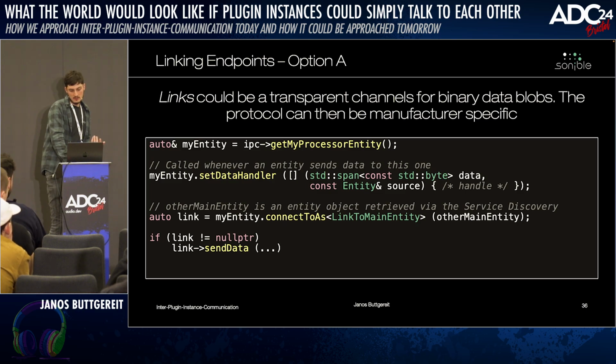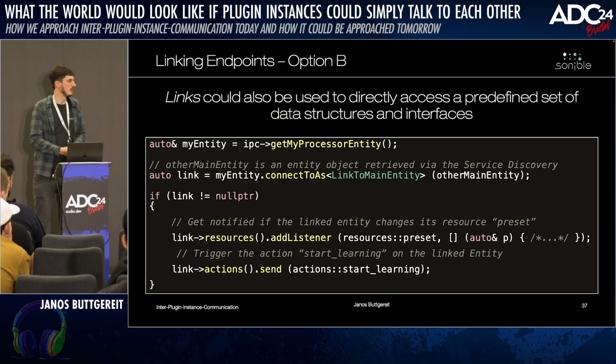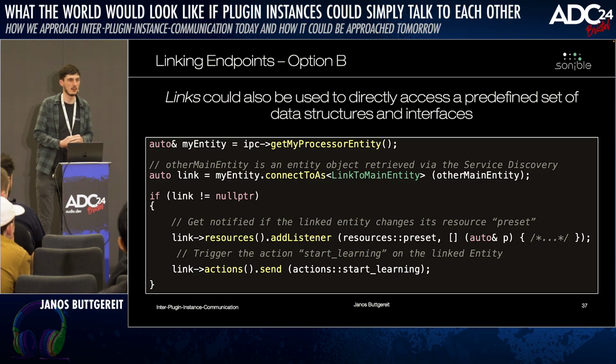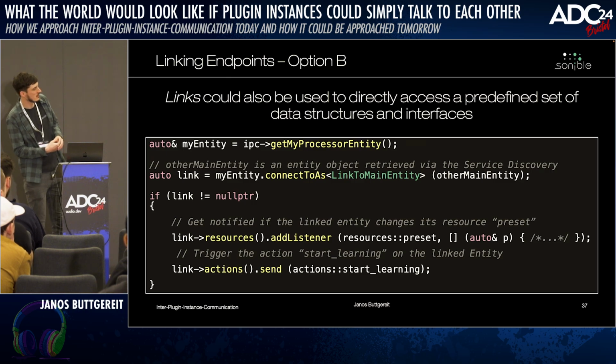Another option would be to define a more fine-grained set of things you can do on a link, and this actually resembles our SPAPI code quite a lot. This is mainly a copy-paste of code that can be found in our code base.